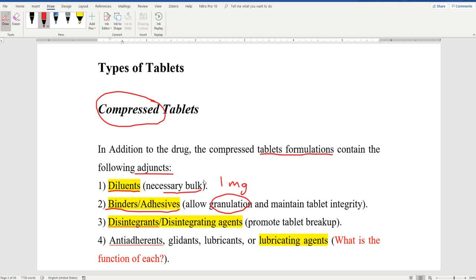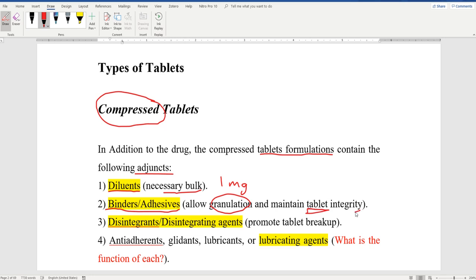Also, there is an additional thing now. After granulation, you will have the compression, and the compression stage involves the compression of granules. Granules will be containing the binder. When you do the compression, the presence of the binder will be very important to stick the granules together, forming the tablet.